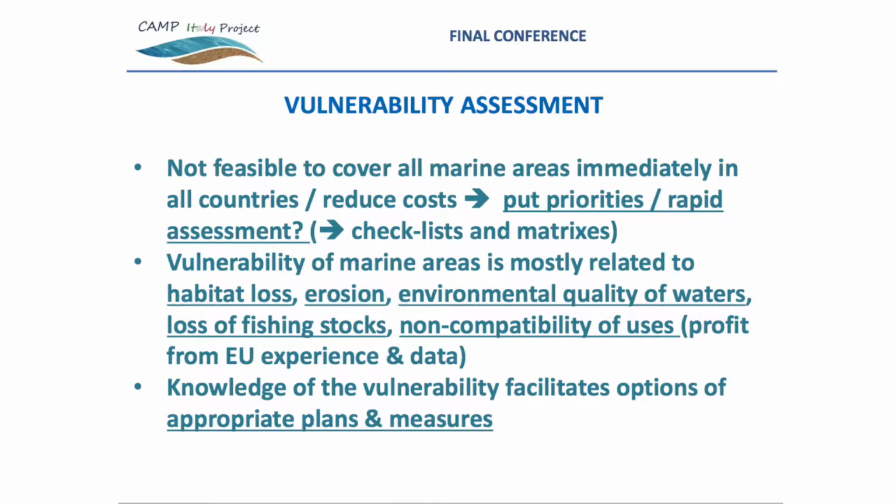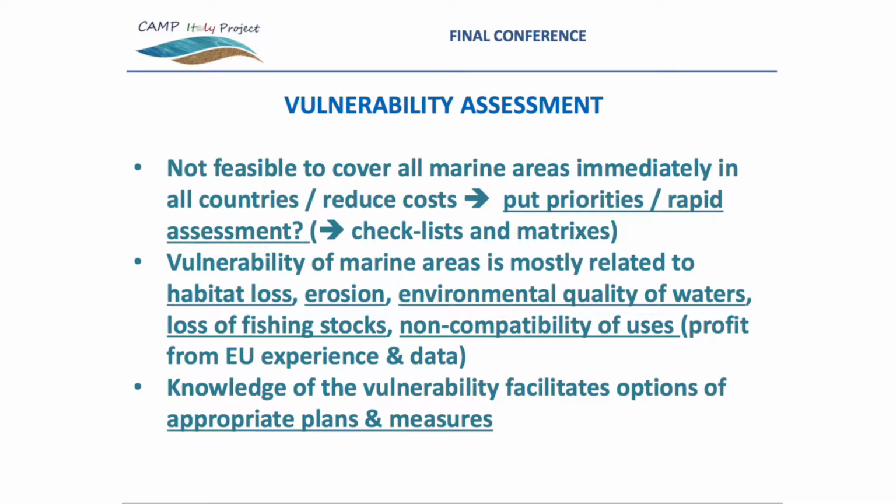The EU is one of the contracting parties of the Mediterranean Action Plan and the Barcelona Convention and the protocol, so we can profit from their experience. And then it is important to understand that if we have clarity and knowledge about the vulnerability of the areas, then our options and our decisions about appropriate planning and measures will be facilitated for sure.